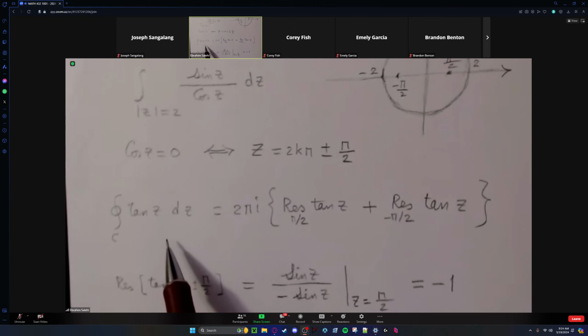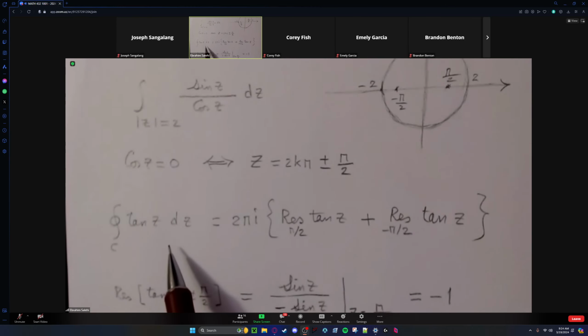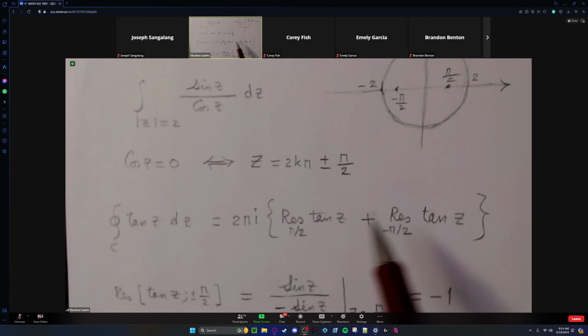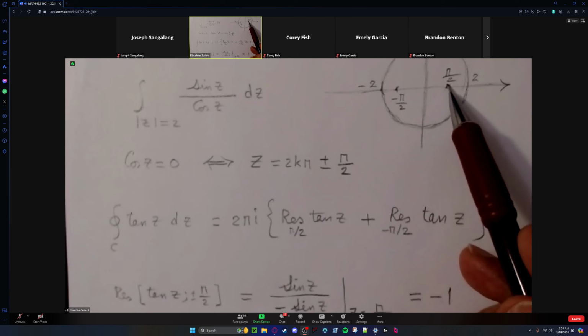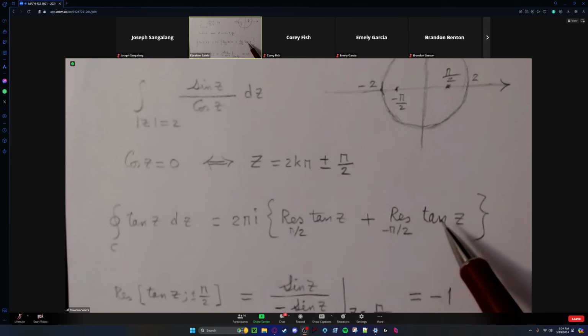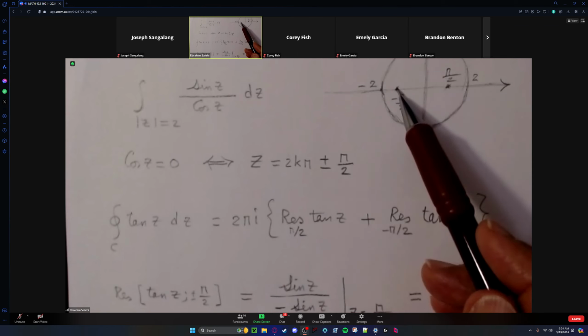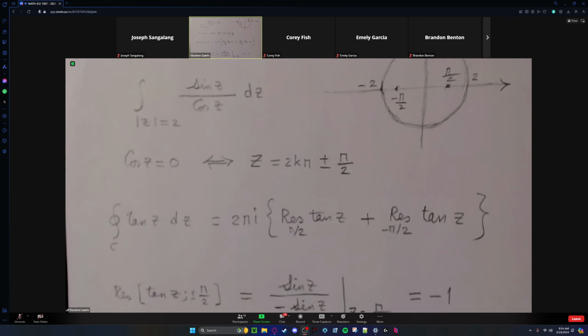So by the residue theorem, the value of this integral will be 2 pi i times residue at pi over 2 plus residue at negative pi over 2. Again, because it is a simple pole, I can use 2b.